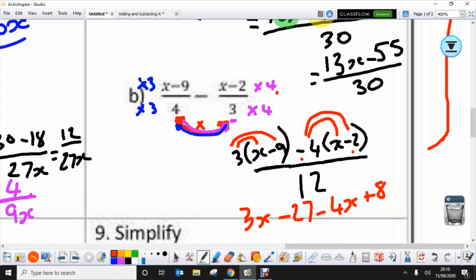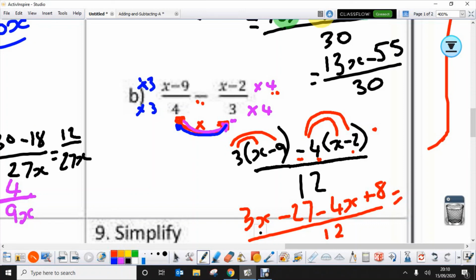Now if I did it up here and I just times each digit out, I'm going to miss the fact that that's a negative 4 when I've written it in the fraction down here. So you could get it wrong because 4 times negative 2 would be negative 8, and we can see in the fraction down here it's positive 8. So just take care. Writing it in this method at the top here will help you miss errors like that.